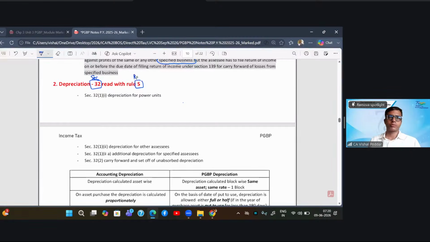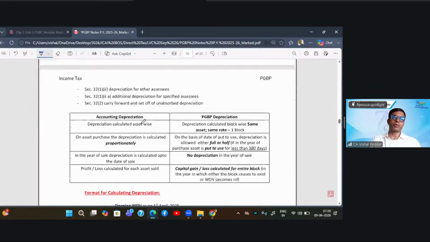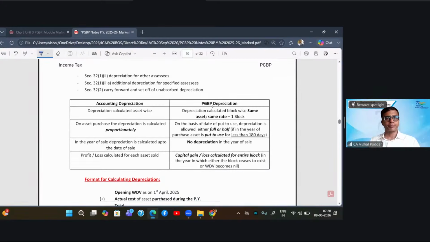Now we have to understand income tax depreciation, as to how income tax allows depreciation. In this, I have first taken a comparison between income tax and accounting depreciation so that you can understand comparatively where they are different and what pointers are same.